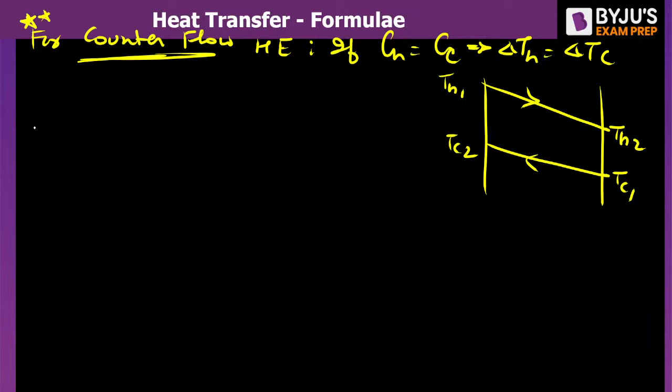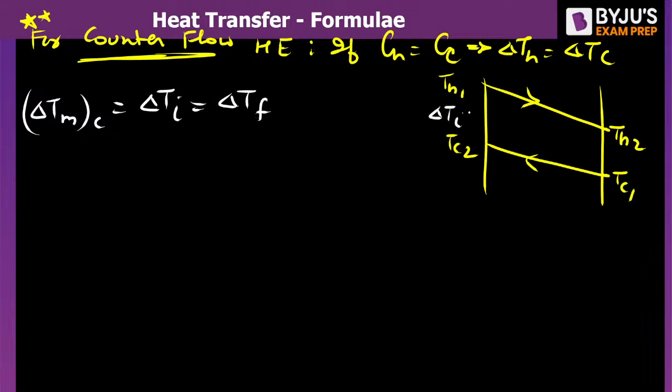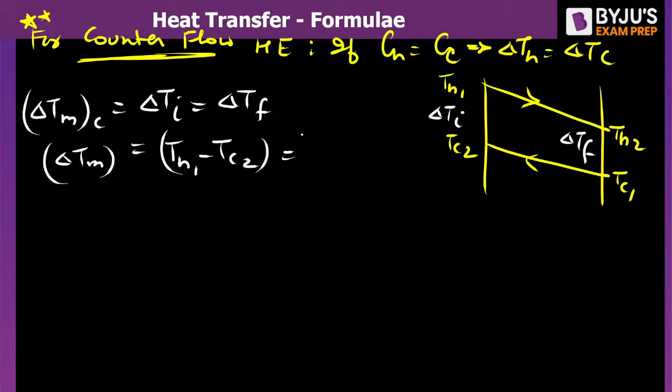From the L'Hospital rule, delta Tm for this counter flow heat exchanger is equal to delta Ti is equal to delta Tf. So that is equal to either TH1 minus TC2, or we can write TH2 minus TC1. This is the special case of counter flow heat exchanger.